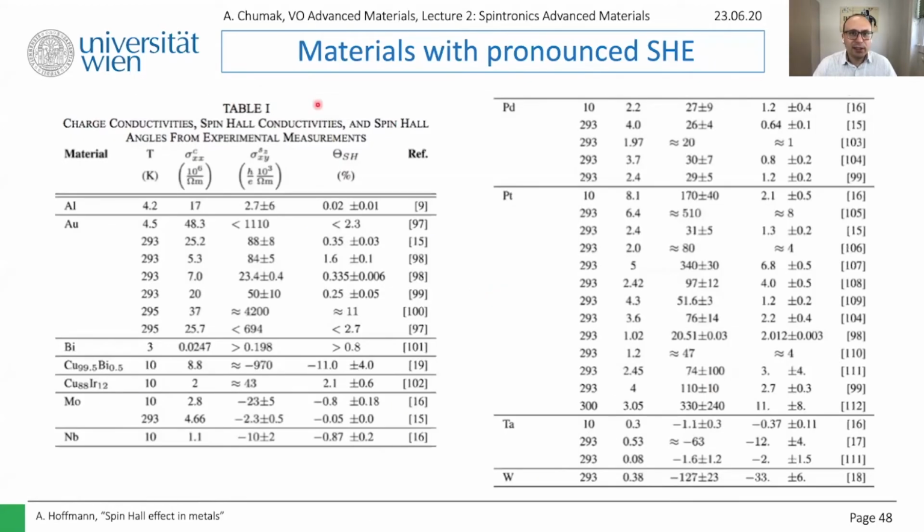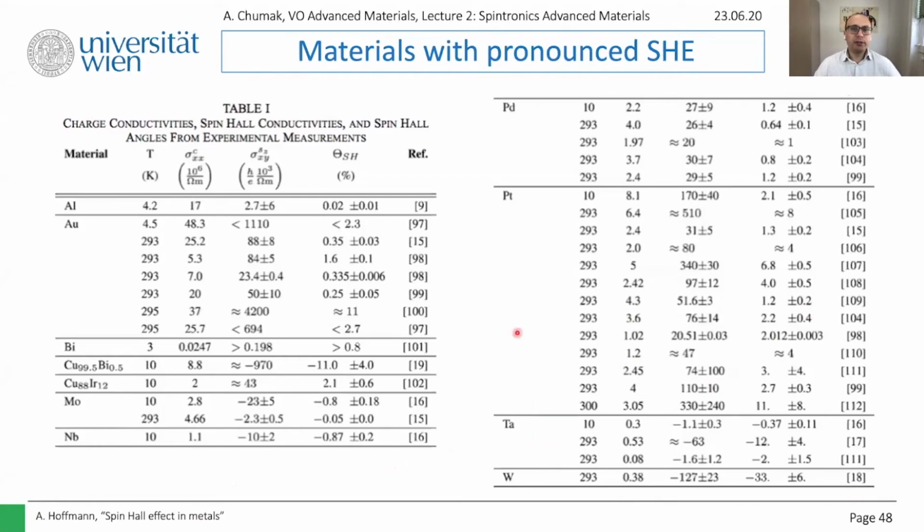And with the last slide, I would like to show you some materials and show how pronounced the spin Hall effect is in them. Here I use this table from this review where Professor Hoffman has selected values from different papers.